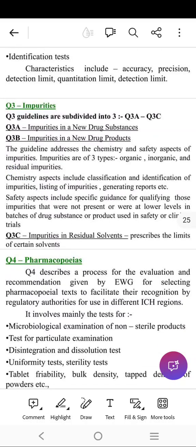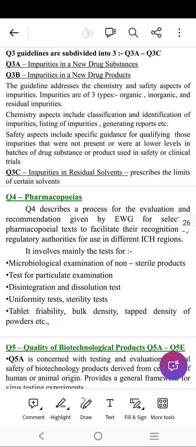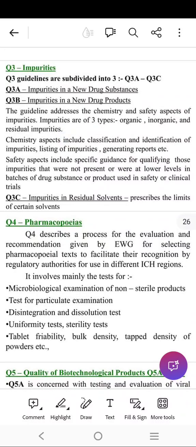The guideline addresses the chemistry and safety aspects of impurities. Impurities are of three types: organic, inorganic, and residual solvents. The chemistry aspect includes classification, identification, listing of impurities, generating reports, etc. The safety aspect includes specific guidance for qualifying impurities that were not present or were at lower levels in the batches of the drug substance or product used in safety or clinical trials. Q3C, impurities: residual solvents, prescribes the limits of certain solvents.